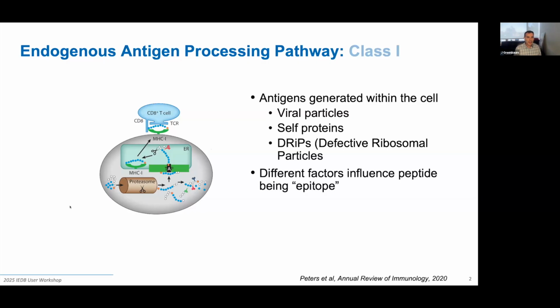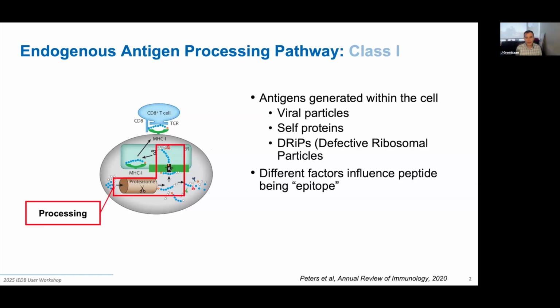Some of those short peptides get transported into the ER by the TAP protein. Some of those peptides will bind to specific MHC molecules. And then those MHC peptide complexes will make their way to the cell surface where they may or may not be recognized by a CD8 positive T cell.